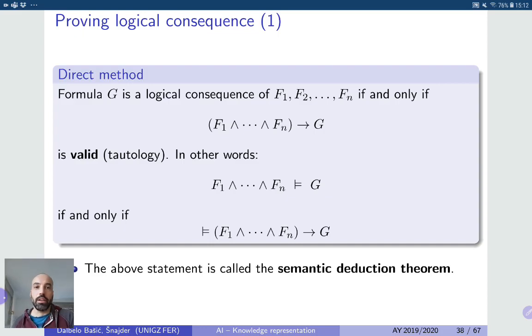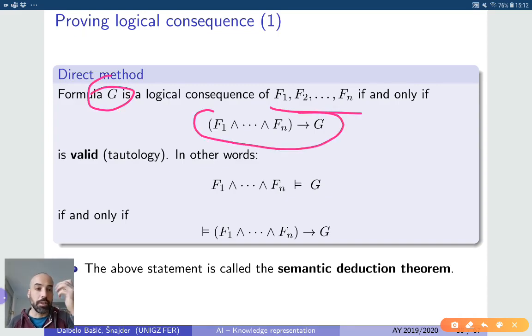The direct method is actually directly applying the definition of a logical consequence, where we said the formula is a logical consequence if it's true whenever the premises are true, right? So a formula G is a logical consequence of a set of formulas if and only if this holds. Because if this is true for every interpretation, it has to be valid.